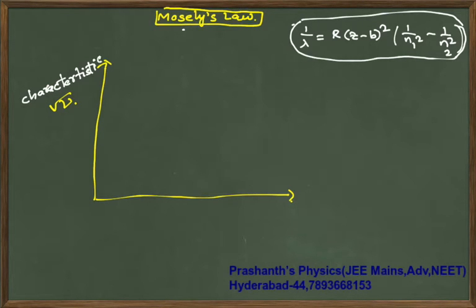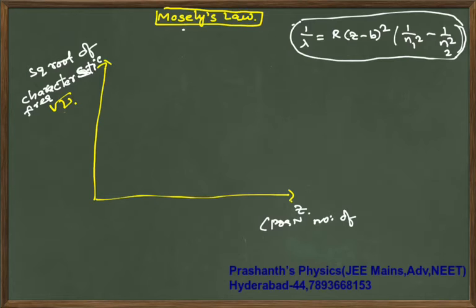This is nu, it is spelled mu, so you can also take it as f, that is up to you. Inside the root you have characteristic frequency and on the axis you have Z, the position number of different elements in the periodic table.